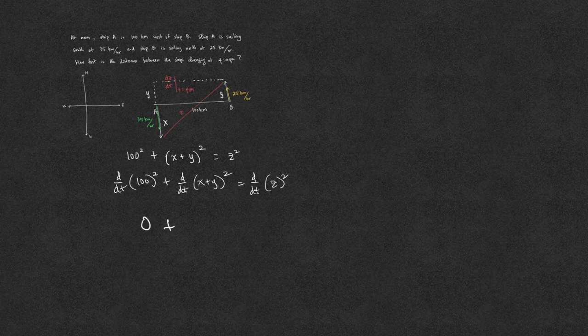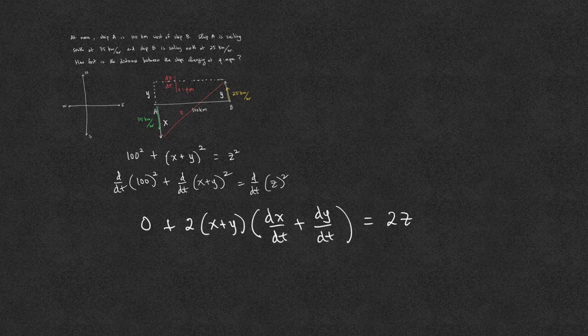The derivative of a squared is 2 times (x plus y), and then we multiply by the derivative of the inside, which is the derivative of x with respect to t, dx/dt. The derivative of y with respect to t is dy/dt, equals 2z dz/dt.